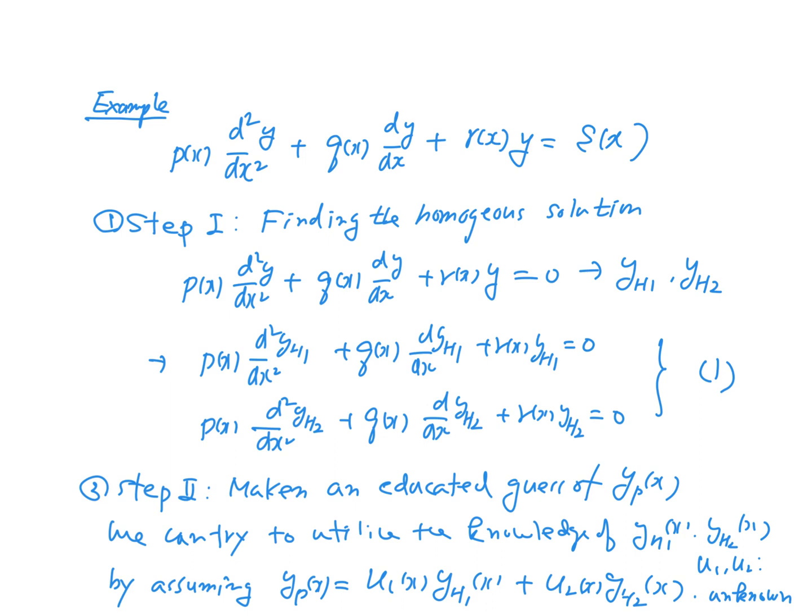Do you think it's a reasonable guess that y_p can be some functional form of y_h1 multiplied by some unknown function plus y_h2 multiplied by another unknown function? You can guess that, right? And see what happens.